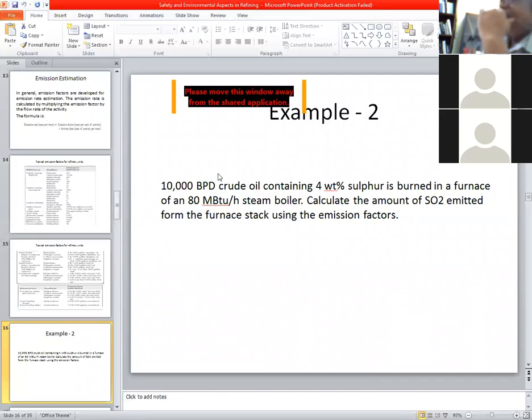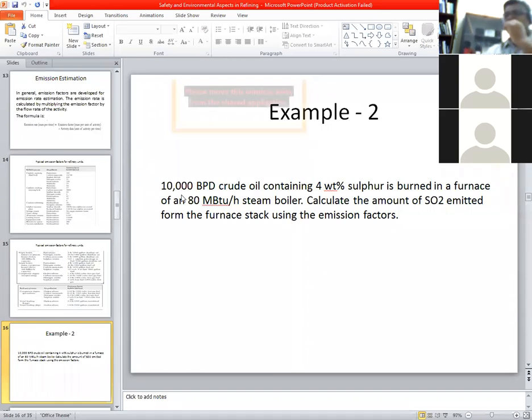Why? 1 barrel is equal to 42 gallons. Why do we have to convert? Because the emission factor is in gallon units. Very good, I understood you. Okay, very good. Thank you.